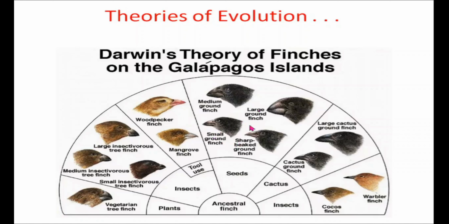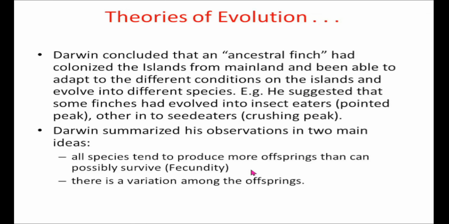So this is based on what? Natural selection. Their feeding habit is one of the natural features, the natural processes, that makes them differ from one another. That is what we call natural selection. Darwin concluded that an ancestral finch had colonized the islands from the mainland and been able to adapt to the different conditions on the islands and evolve into different species.